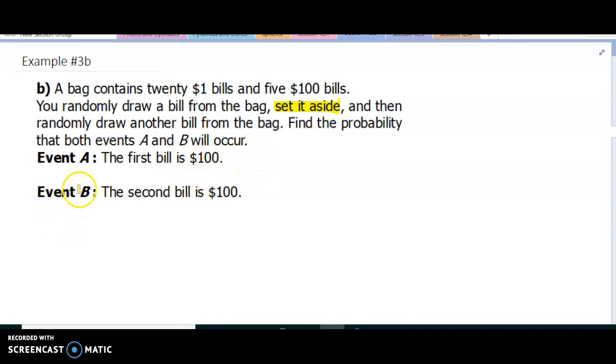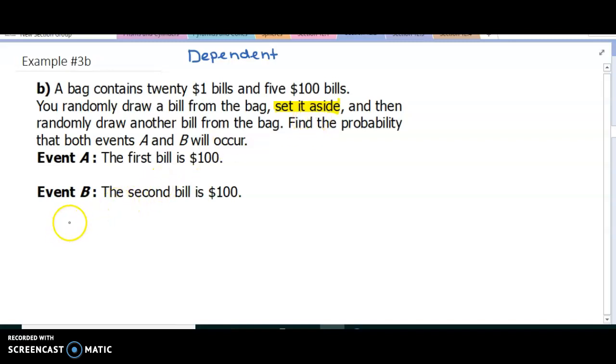Okay, so we want to know first, is this an independent or a dependent event? Okay, this would be dependent, because our second draw is affected by our first draw. If we pull a $100 on our first draw, there's going to be 1 less $100 bill to draw on our second draw.